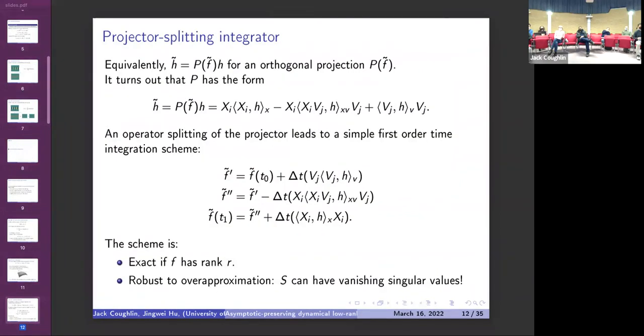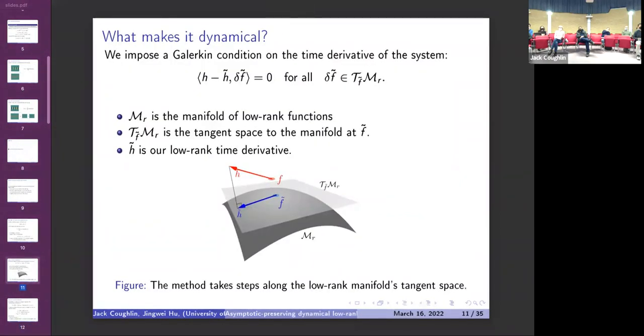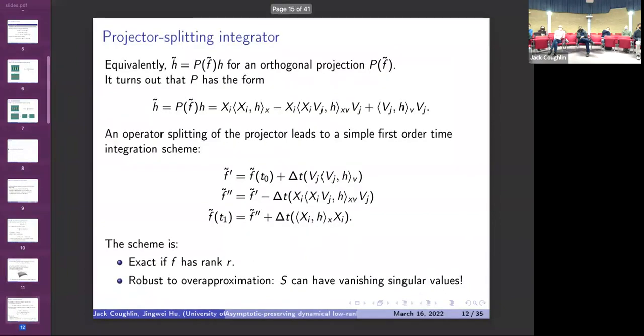Okay, so it's a projection, like I said, and you can write an explicit form for what that projection is. It turns out to have this form, where you can write it as the sum of a projection onto the x space, a projection onto the v space, and then subtract the projection onto both spaces.